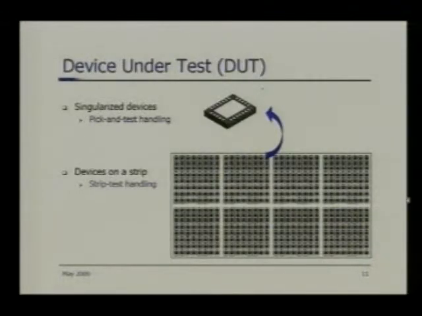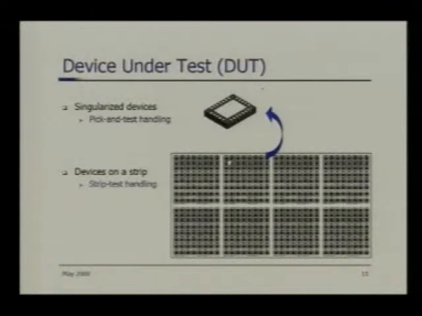So what they do in manufacturing is that they create a strip like this. This is called strip testing, and each of the dots that you are seeing here is an IC.